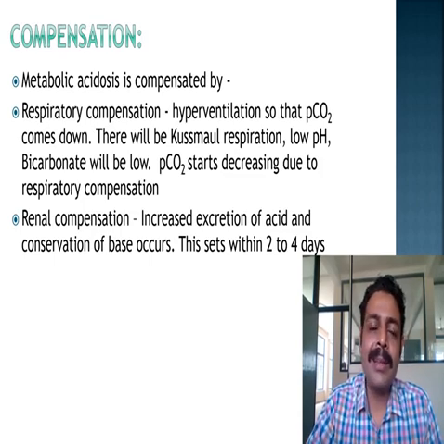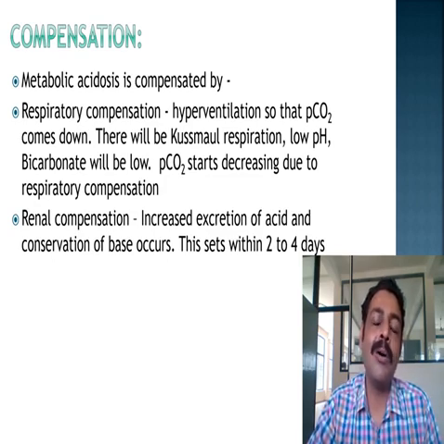Where does the carbon dioxide come from? It comes from H2O plus CO2, which comes from H2CO3. Where does the H2CO3 come from? H plus plus HCO3 minus. So this is how H plus is excreted by respiratory compensation.